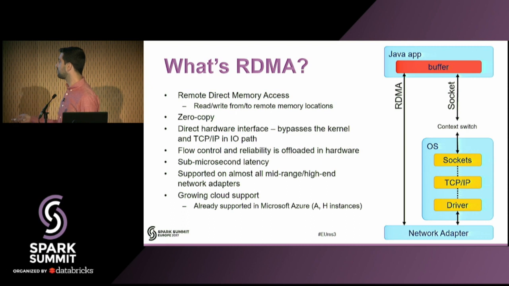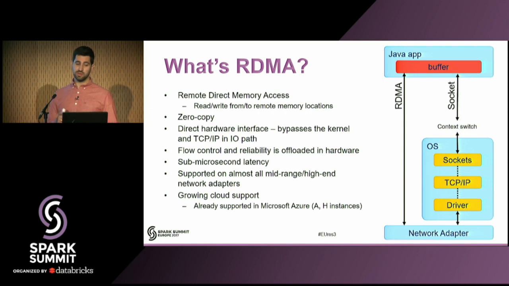You go directly to the hardware from user space. And this is something that is unique for RDMA. There are several different technologies that try to do something similar, but RDMA makes it as simple as it can possibly be.